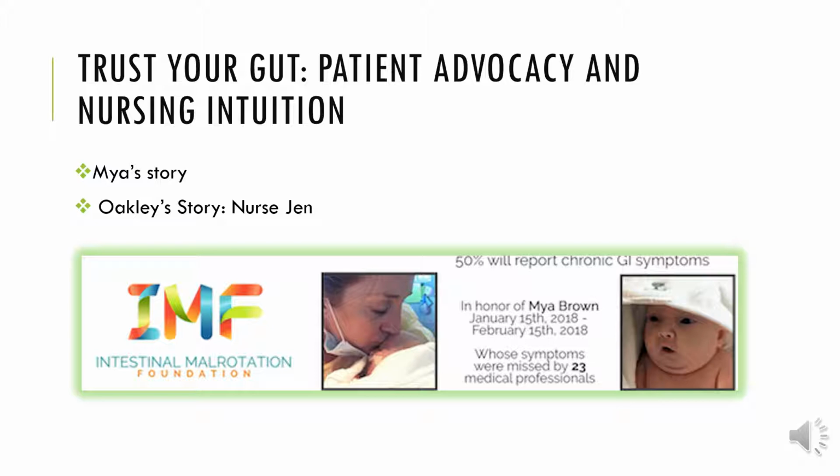Nurse Jen felt so uneasy about the situation that she actually went across the hospital to a neonatologist and showed him the blanket. The neonatologist came down, assessed the baby, and realized immediately that the patient had a volvulus. The patient was sent to surgery, and a life was saved because of Nurse Jen.